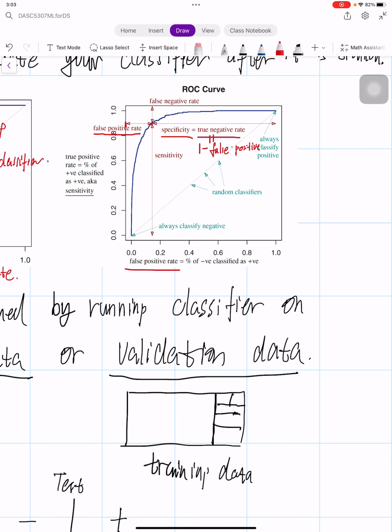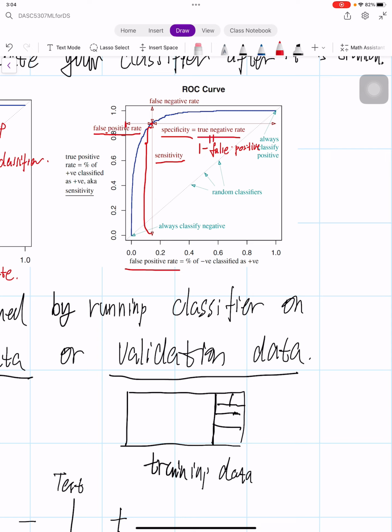And this distance is the sensitivity. Sensitivity means true positive rate, so the higher the better. We want higher sensitivity, and we want a lower false positive rate.